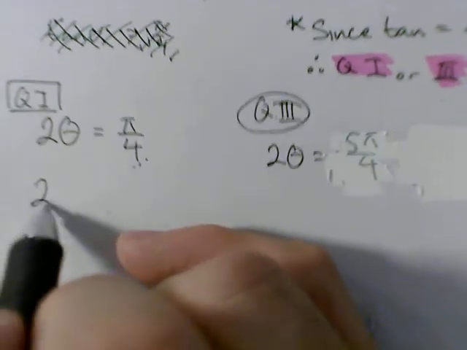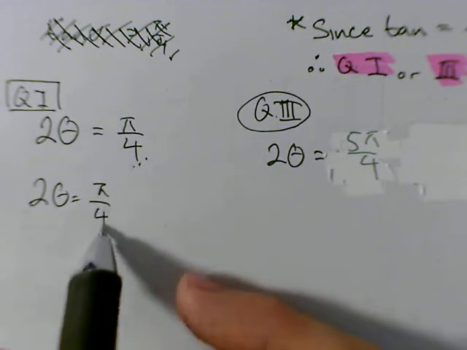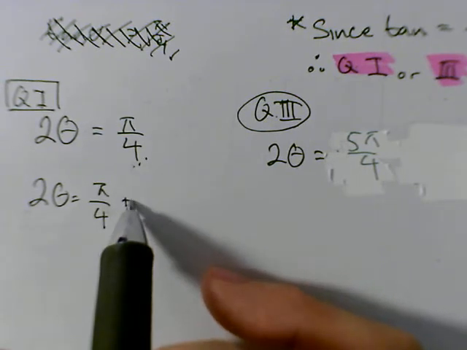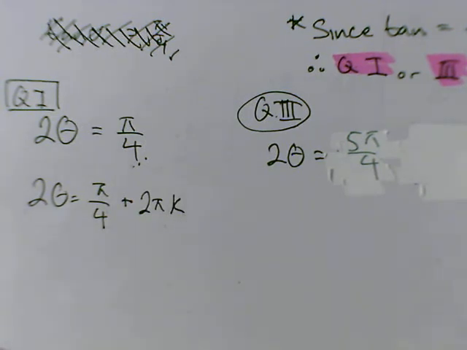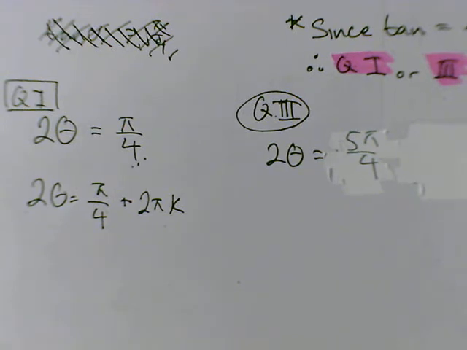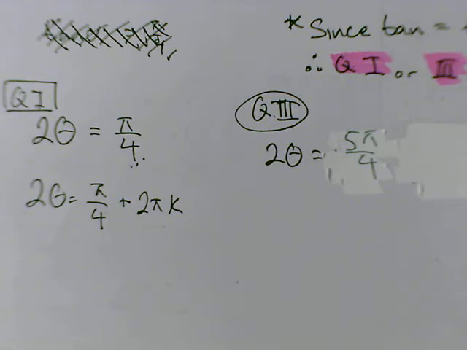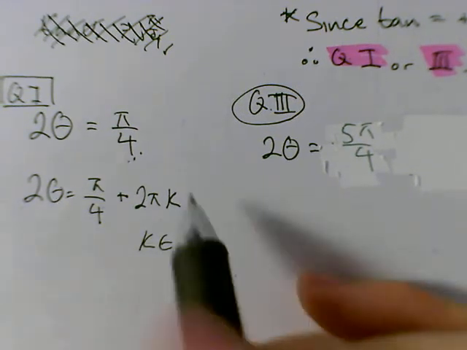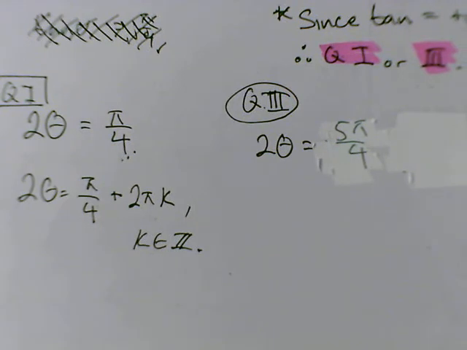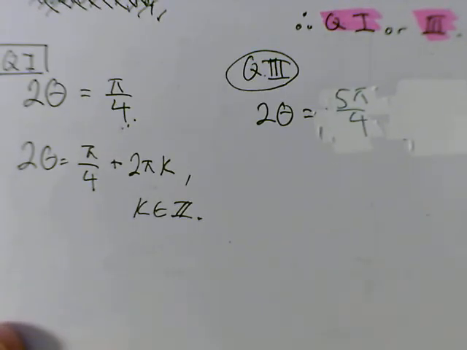So, 2 theta is going to be pi over 4 plus 2 pi k, where k belongs to the integers, like our very first example. Right? And same with 5 pi over 4.